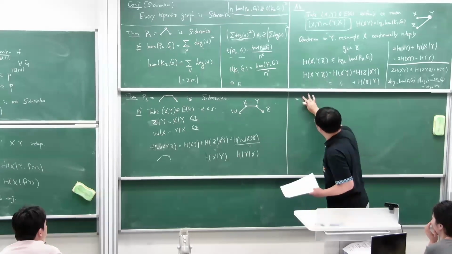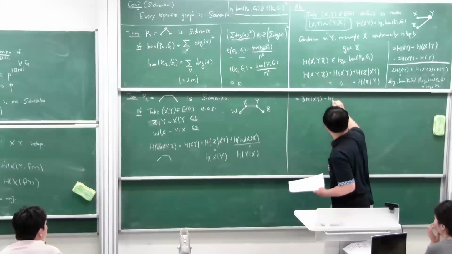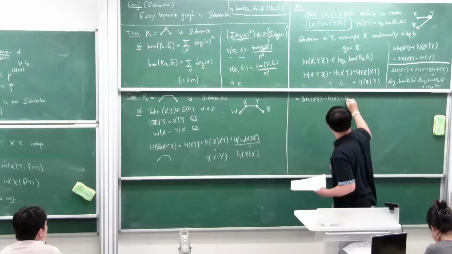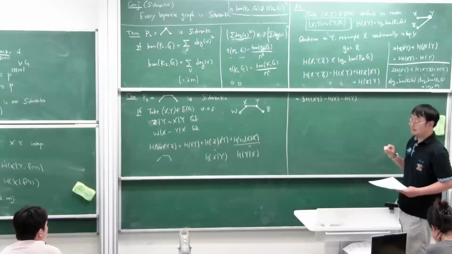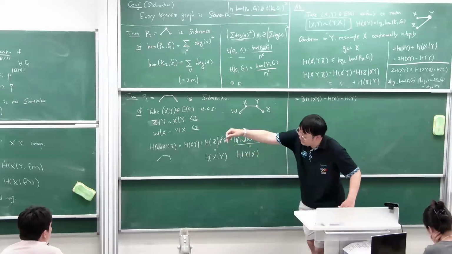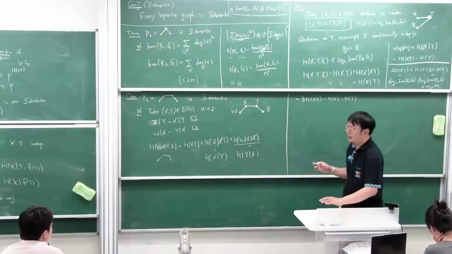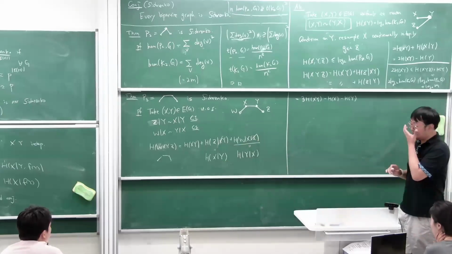So this is 3 times the entropy of XY minus entropy of X minus entropy of Y. Because I'm just rewriting this term using the chain rule, using the definition of conditional entropy, and rewriting this term as well. So you get these 3 terms.